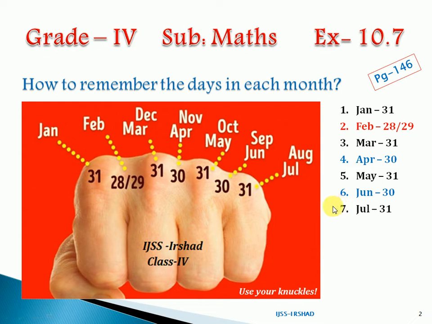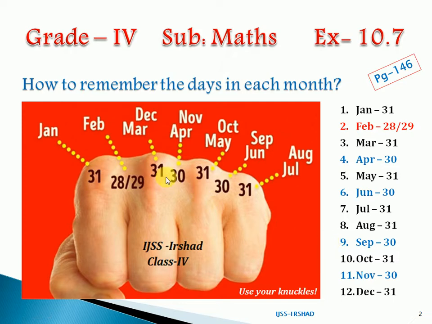July 31, August 31, because you can see here the last one, July and August both coming on this last knuckle. So July and August both are having 31 days. And after August, September is here in this region, so it will be having 30 days. After September, October having 31, November having 30, and last December is having 31 days.